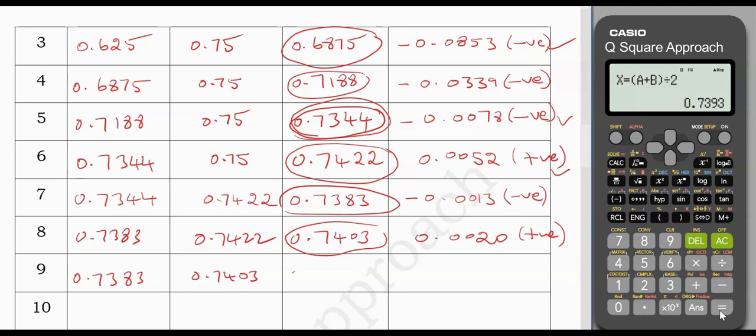And the X value is 0.7393. The function value is 0.0004. This is positive. The previous value is also positive. We know the root lies between one positive and one negative. So the negative value occurs at 0.7383 and here 0.7393.